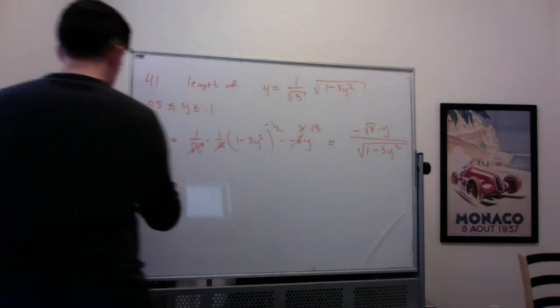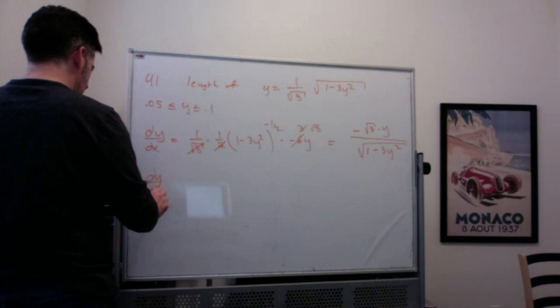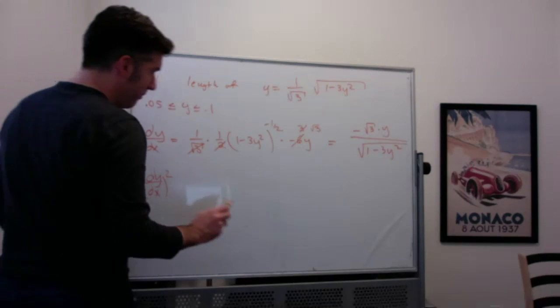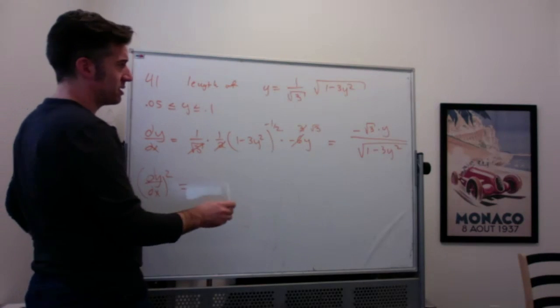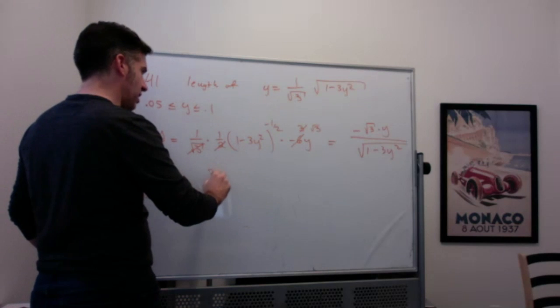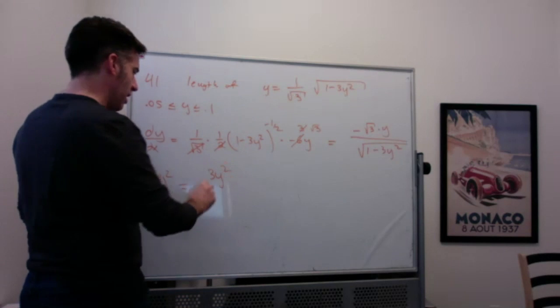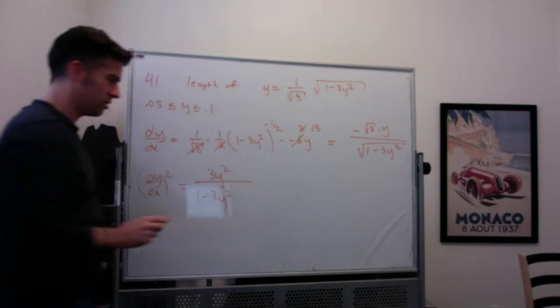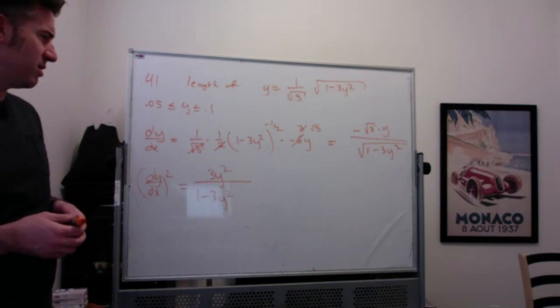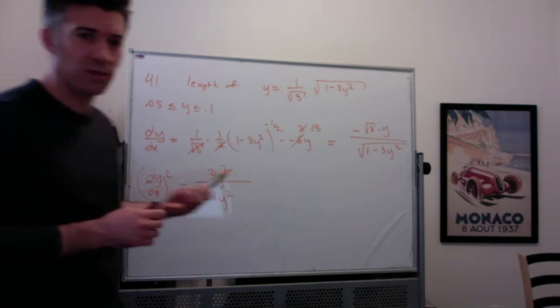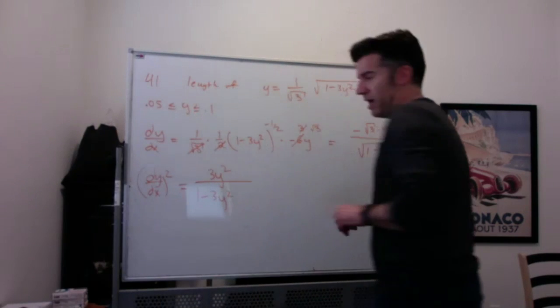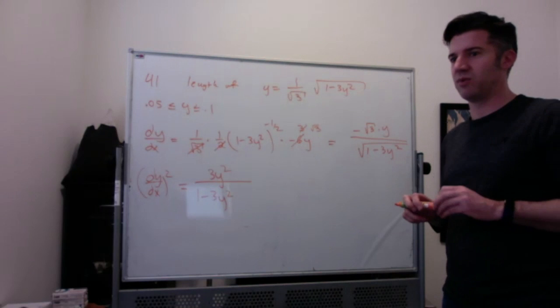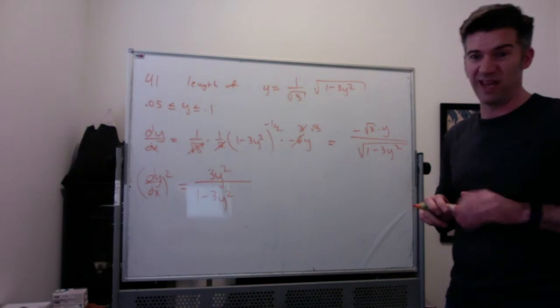So if I look at dy dx quantity squared, I'm hopeful. Because when I square this, the top squared is just 3y squared, and the bottom squared is 1 minus 3y squared. Oh yeah, I did this problem with someone else, I think, or a similar problem anyway. This one ends interestingly. So I guess we'll have to figure out how the end works.